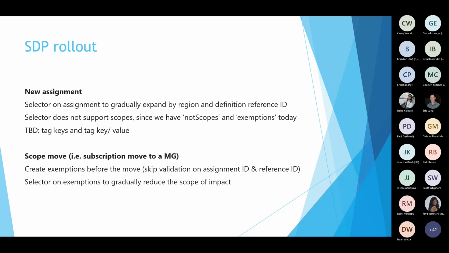Let's say you only want it in East US, so we'll only assign that definition within East US. And then you can gradually expand that. For my ring 1, I'll do all US, and then ring 2, I'll do US and Europe, and so on and so forth. So you can change those regions on the assignment as you continue to deploy your assignments.